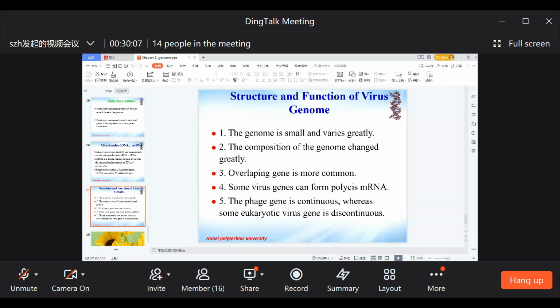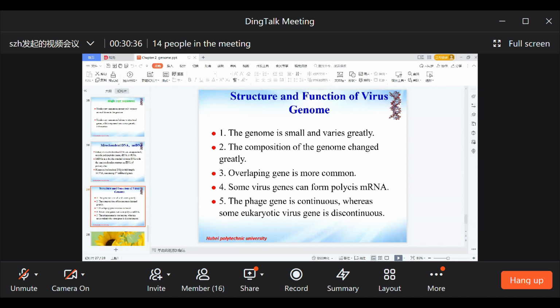And here, always we think the viral genome structure is similar to the host. And third, you can say overlapping genes are very common. And some viral genes can form polycistronic messenger RNA.